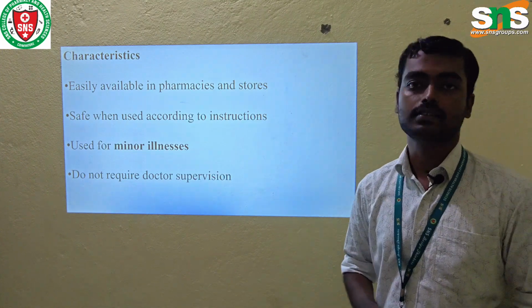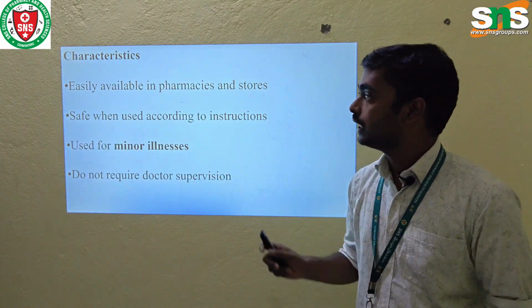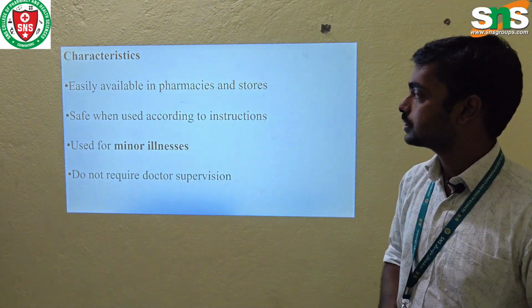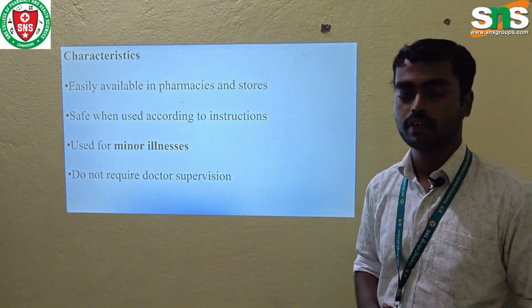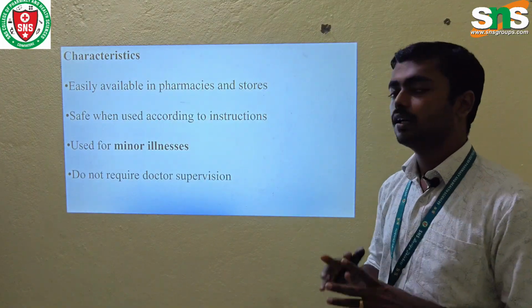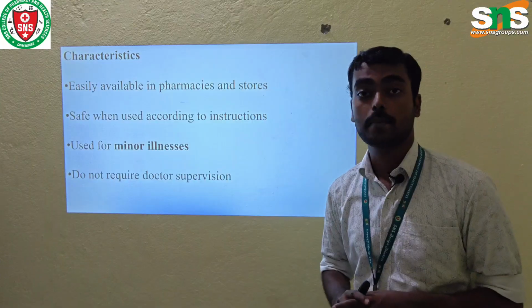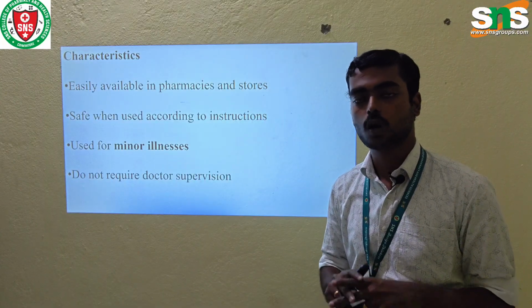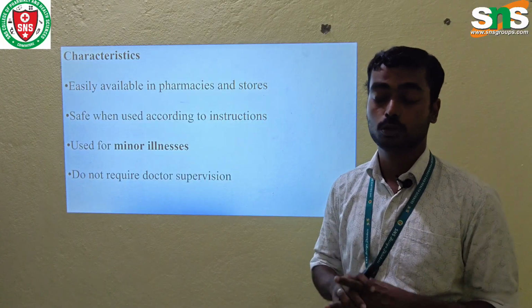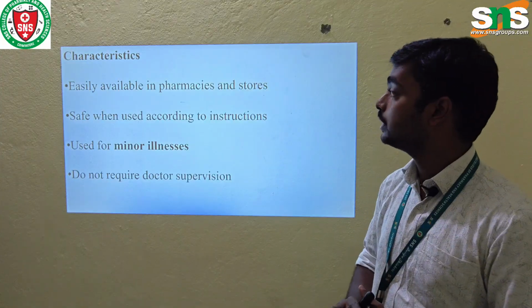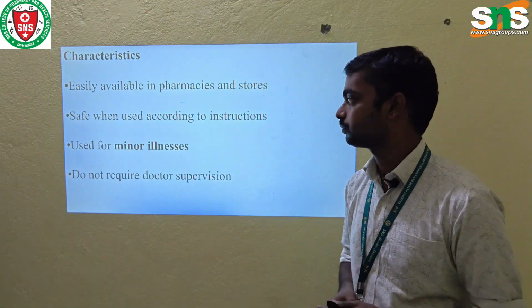What are the characteristics of OTC drugs? They should be easily available in pharmacies and stores. An example of an OTC drug is paracetamol, which is available in all pharmacies and stores.